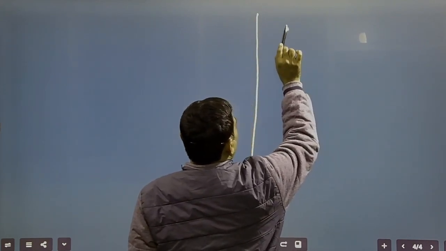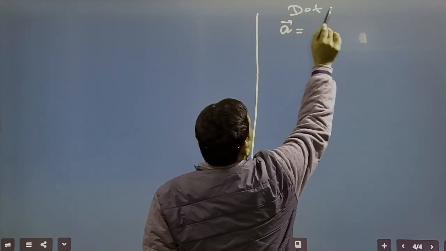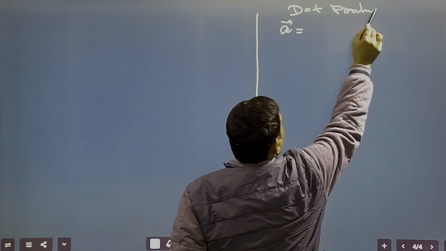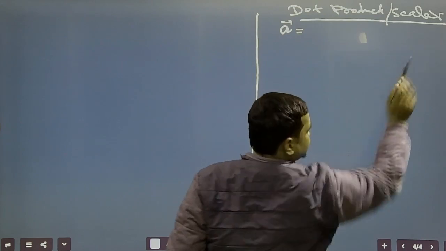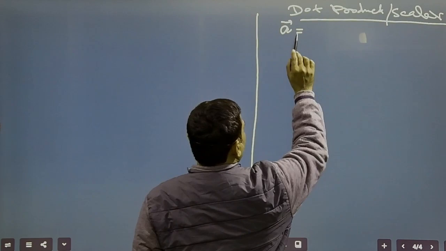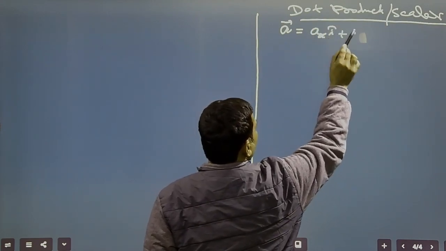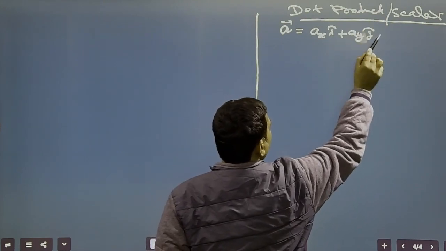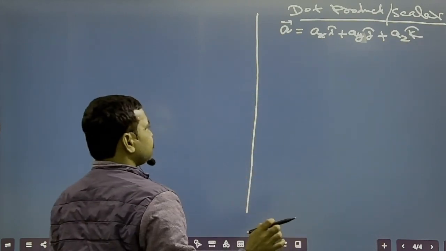So now quickly we'll go through the previous topics that we know. We'll be discussing this dot product, which is known as your scalar product. Suppose any vector A will have its three components, that is your x component i cap plus y component j cap plus z component k cap, right?